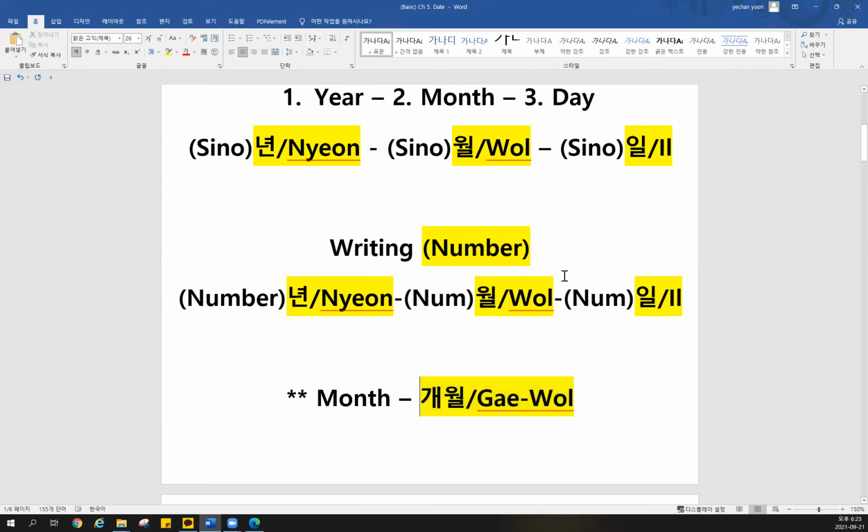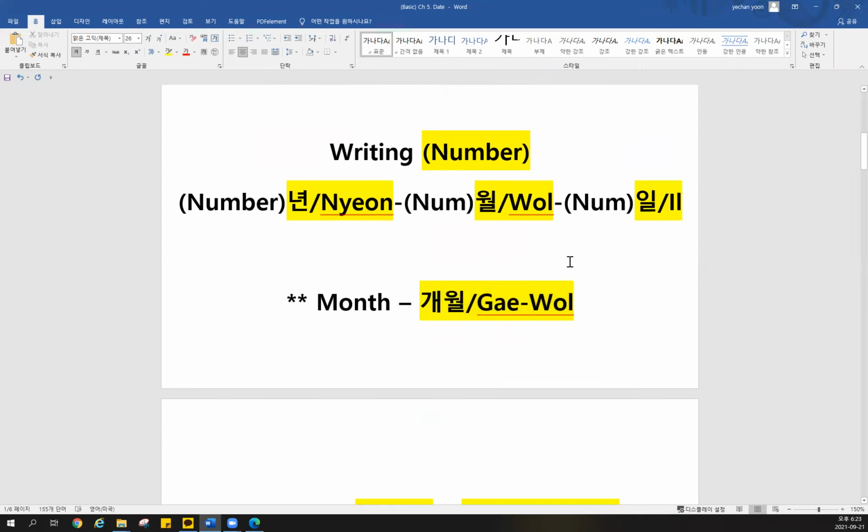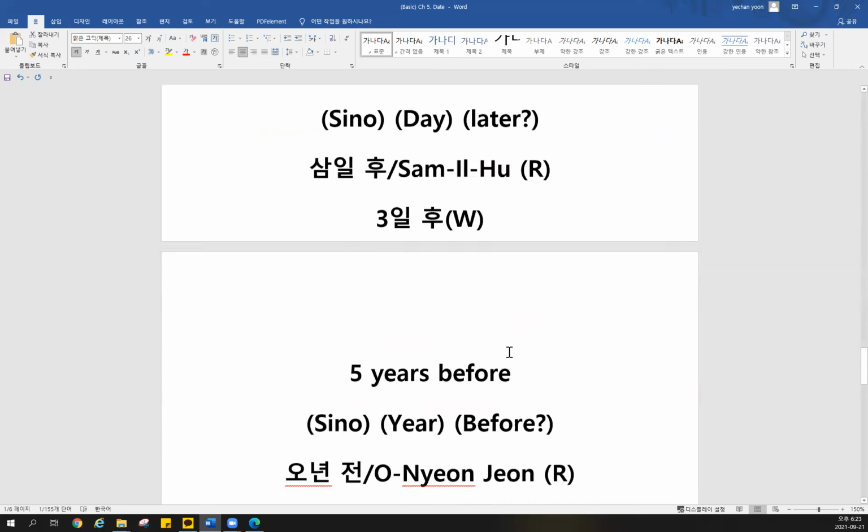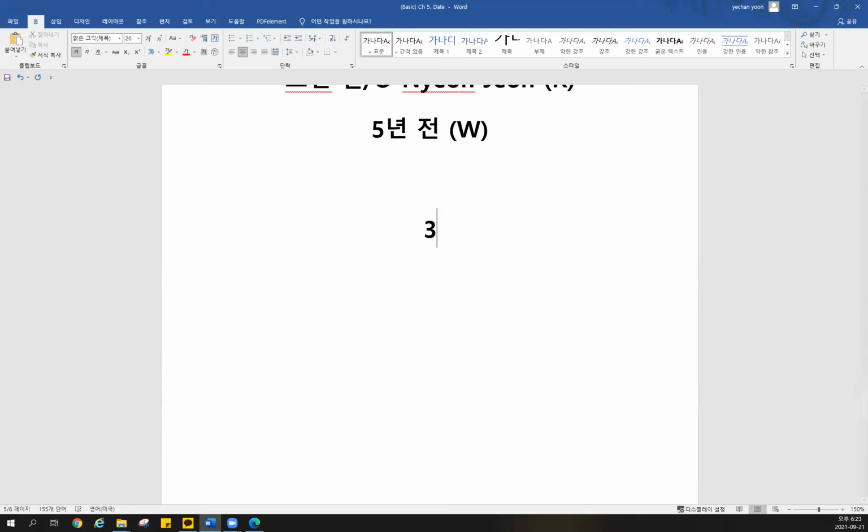So 3 months before, how can you say that? This is the counting word for the month. Then 3 months before, how can you say it? Sino version, the month's counting word, and then before.